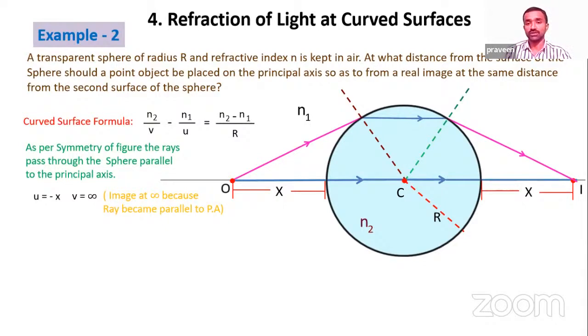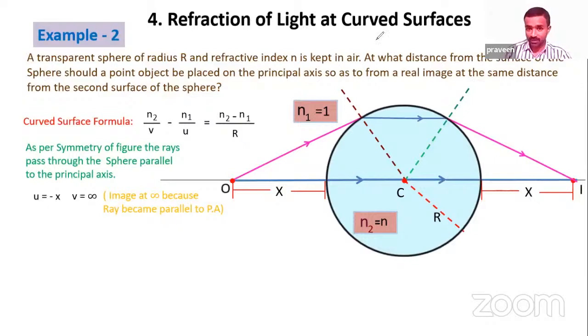So sorry, refractive indices: n1 is 1 and n2 is n. n1 equals 1 because air is the surrounding medium. Next, n2 is the refractive index of the sphere, the unknown value given as n. Then we know the four values. What about the radius of curvature R? Is it negative or positive?